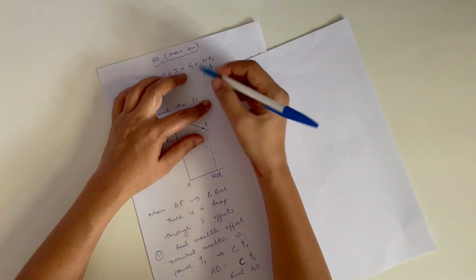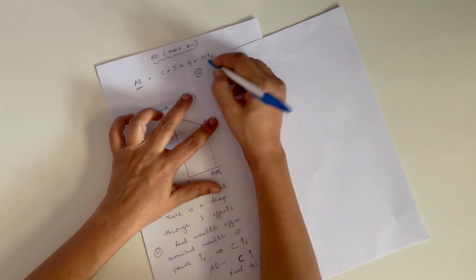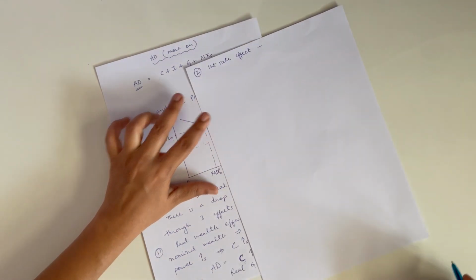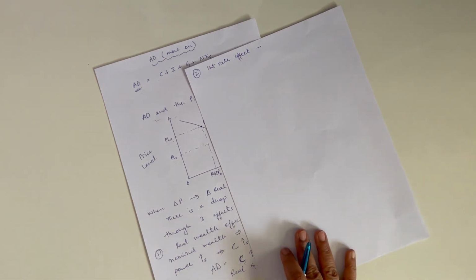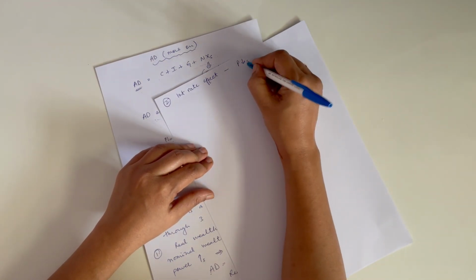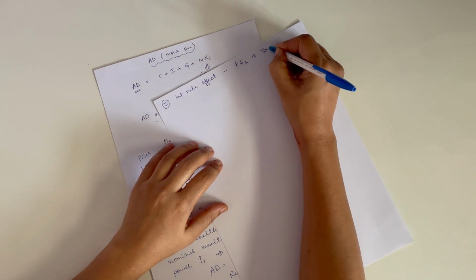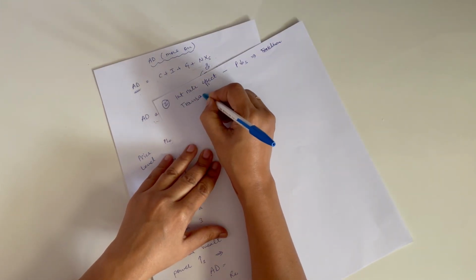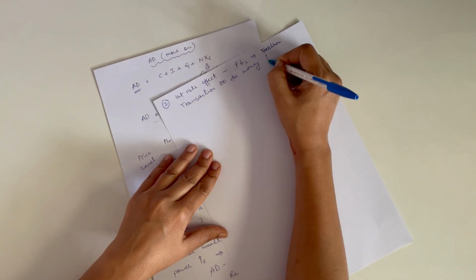So what is the effect we are talking about here? For investment, the effect that we consider is the interest rate effect. What happens in the interest rate effect is that when there is a fall in the price level, your transaction demand for money goes down.